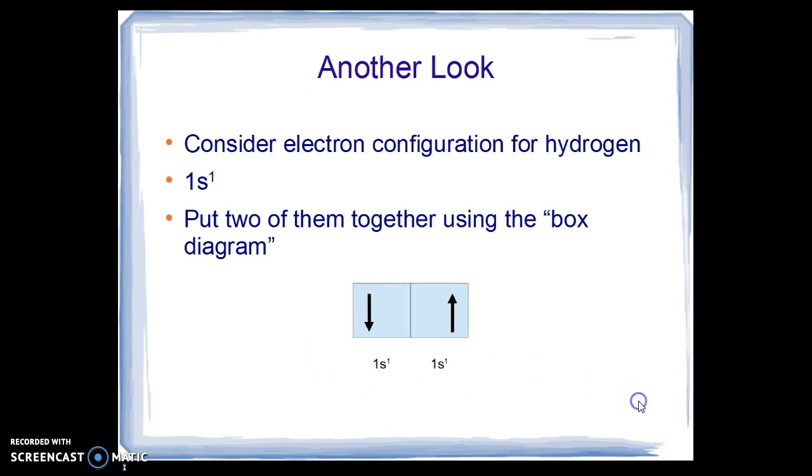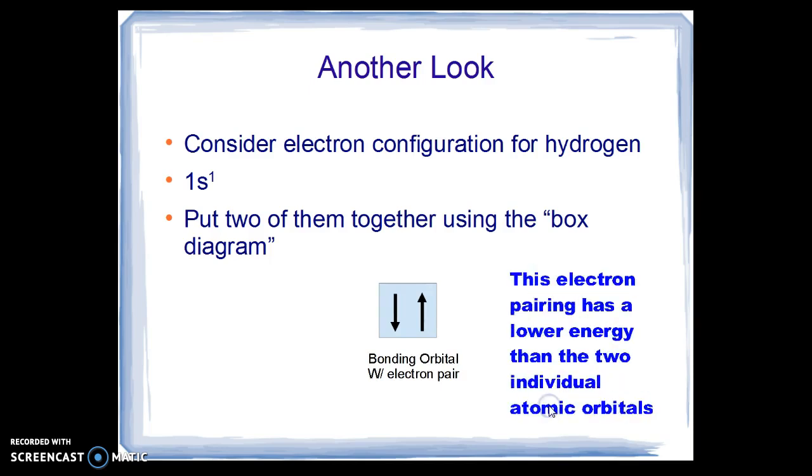If we bring them close together, we can form a bonding orbital with these electrons now paired together, with different spins, of course. Now, there's also an antibonding orbital formed because orbitals don't just disappear, but you can talk about that in AP chemistry. This electron pairing has a lower energy than the two individual atomic orbitals, and that's why it forms.